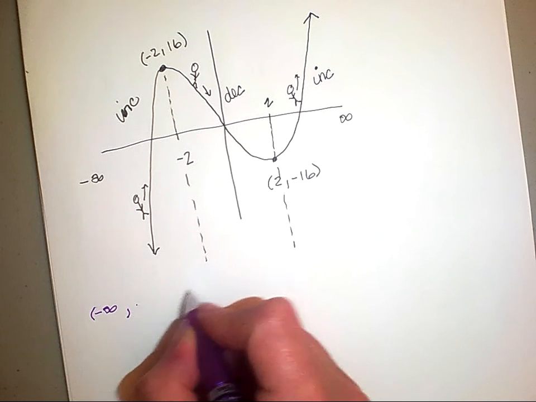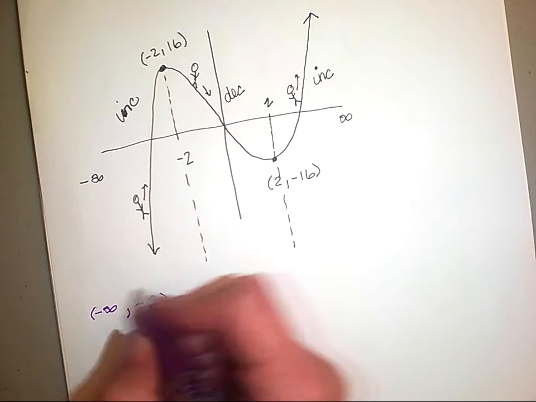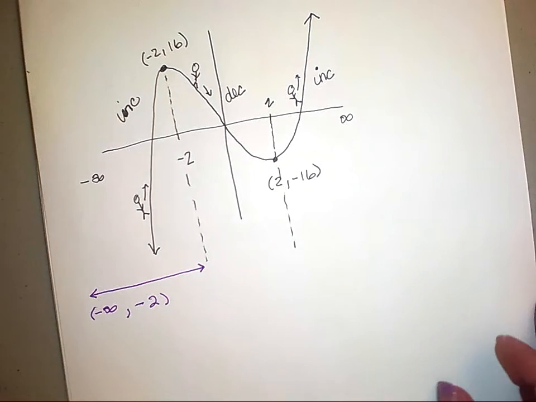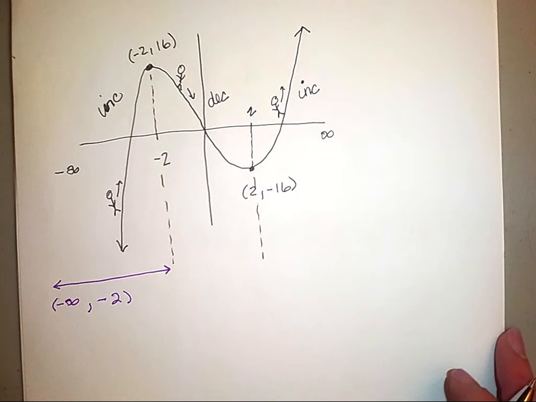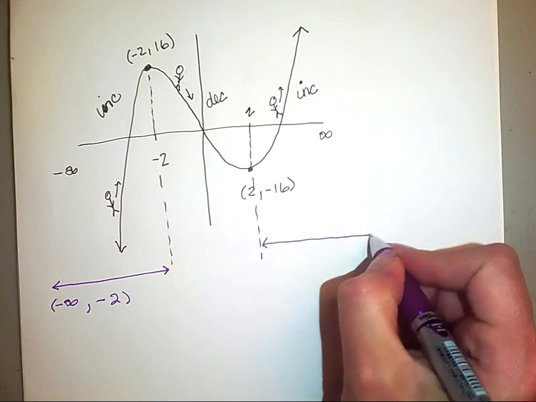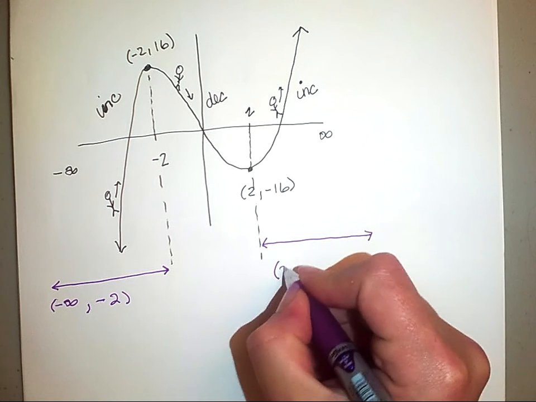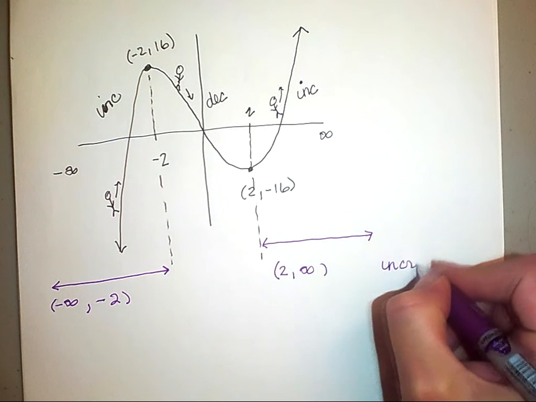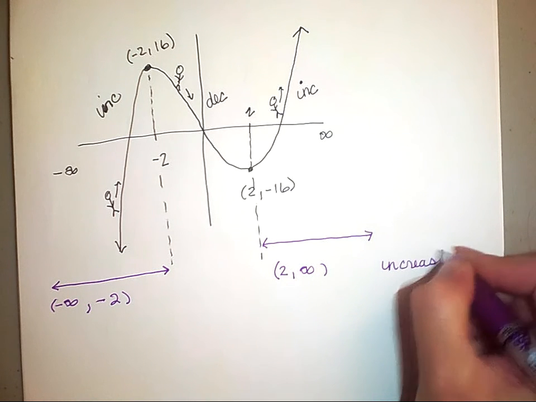Now, what we're talking about in these values, we said we were increasing from negative infinity all the way up to -2. We were increasing here to here.